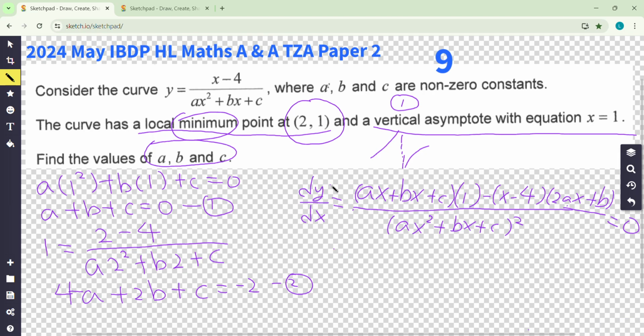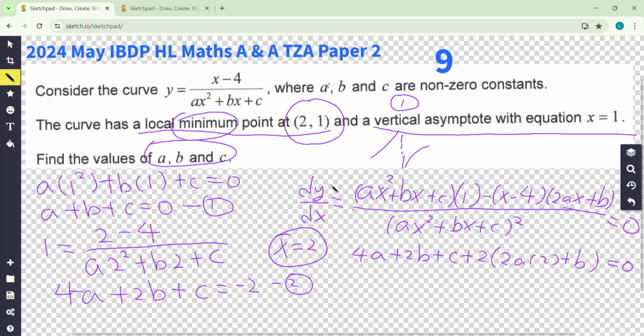So do some expansion, okay, and substitute x equals 2. Sorry, forget that, it is squared, okay. So the first one is 4a plus 2b plus c, and then minus 2 minus 4, so it's plus 2, okay. 2a times 2 plus b equals 0.